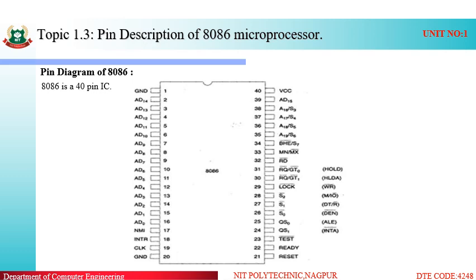The pin diagram is never asked in the MSBT question paper, but the pin description is asked in every MSBT question paper. They will list out any 2 or 3 pins, and we have to explain the functionality of that pin. So to study the pin description, first we need to know what is the pin diagram of 8086.